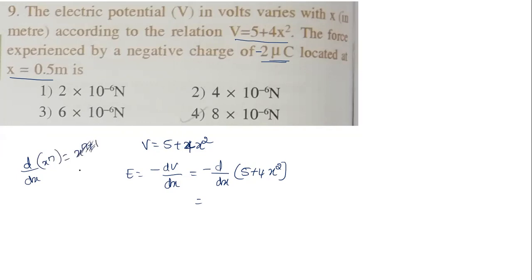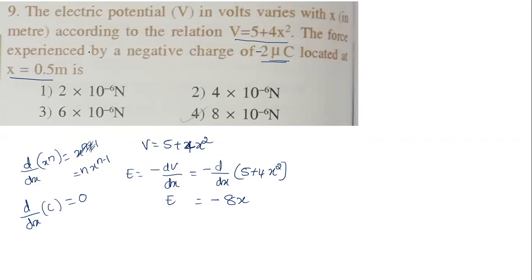I'm extremely sorry for that. It will be n into x power n minus 1. And d by dx of a constant becomes 0, right? So 5 becomes 0. The minus is outside. It will be 8x. That is the electric field.